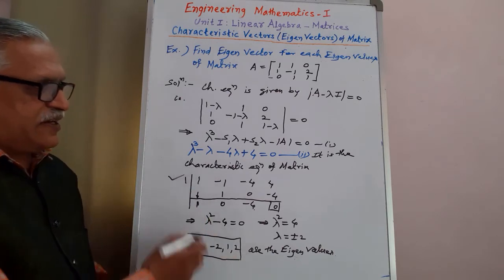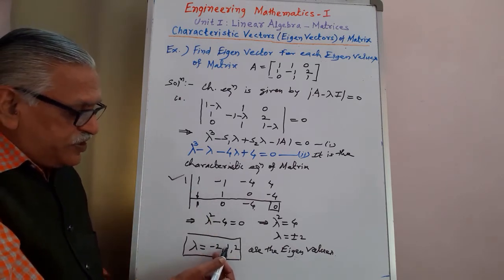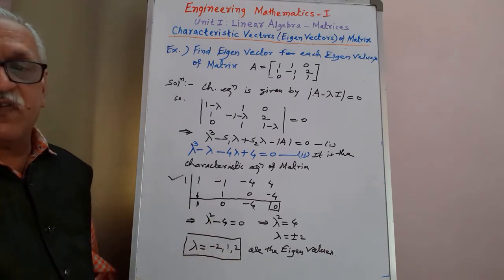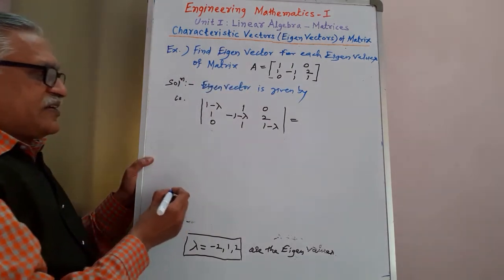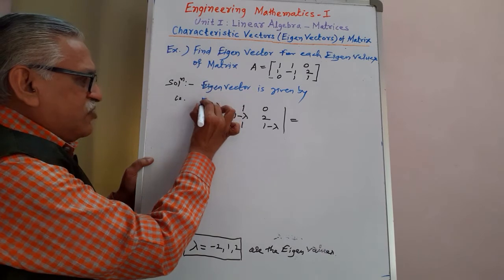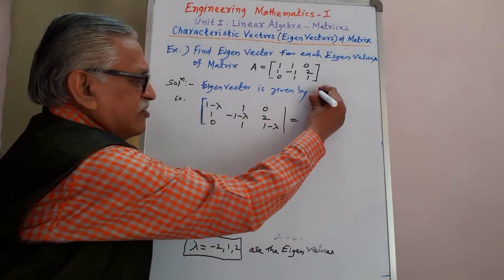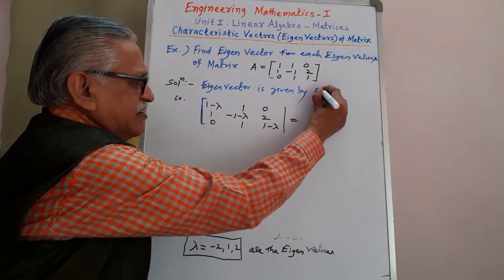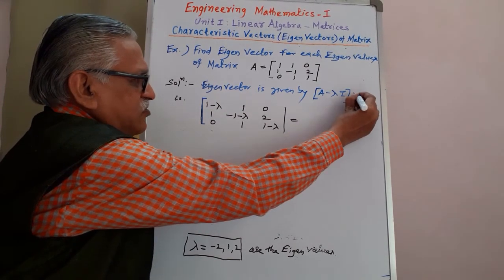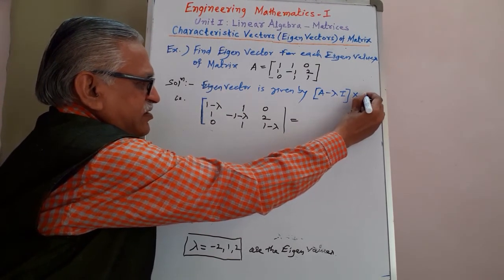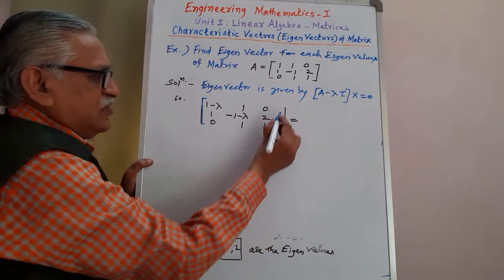And then, in the next part, corresponding to each eigenvalue we require to obtain the eigenvector. The eigenvector is given by the matrix (A minus lambda I) times the column matrix X equals 0.